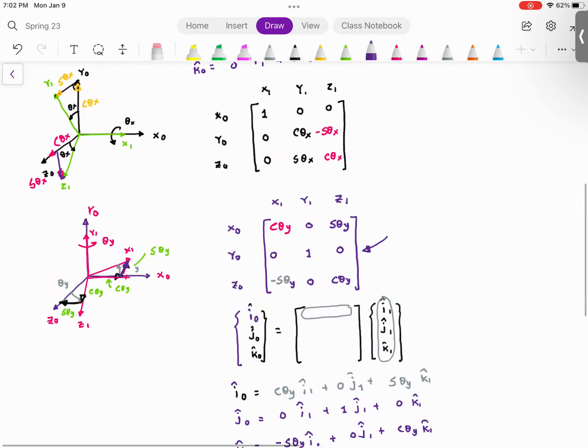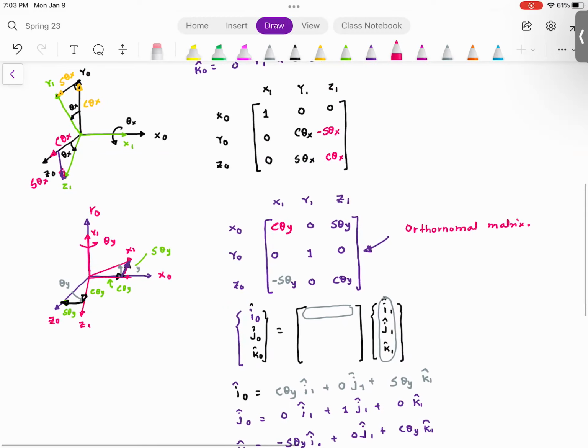Now this matrix has some special properties. This is called the rotation matrix, and this rotation matrix is called an orthonormal matrix. Why is this called an orthonormal matrix? It is called an orthonormal matrix because the determinant of this matrix is 1.